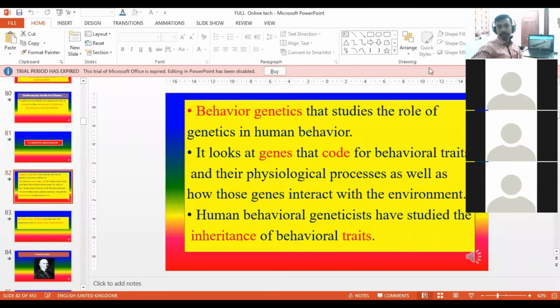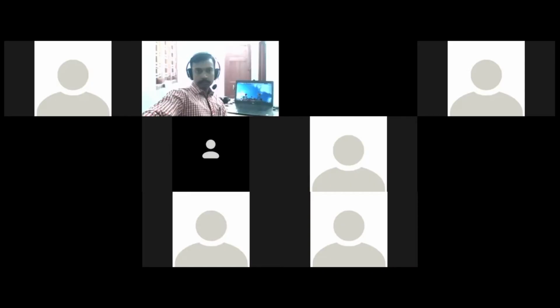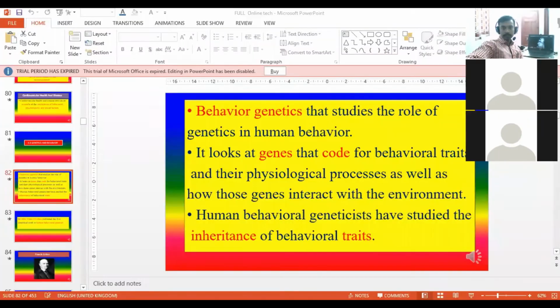Behavior genetics is a separate discipline that deals with the relation between behaviors and genetical factors.